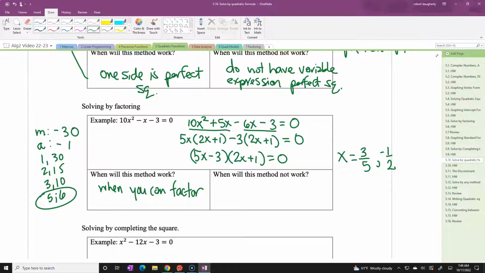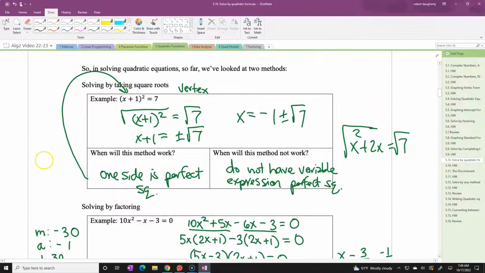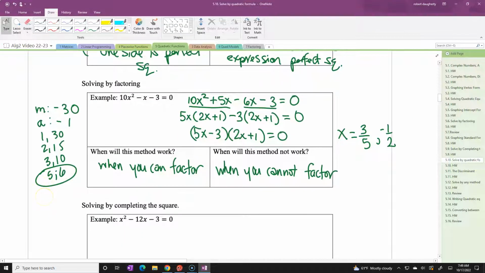So when would this method not work? When you cannot factor. Okay? So both of these methods so far had limitations. Taking the square root only works when you've got something that's a perfect square. Solve by factoring only works when you can factor the expression.